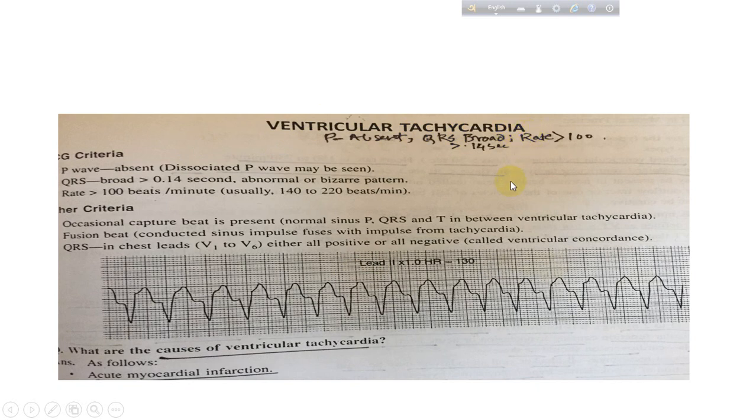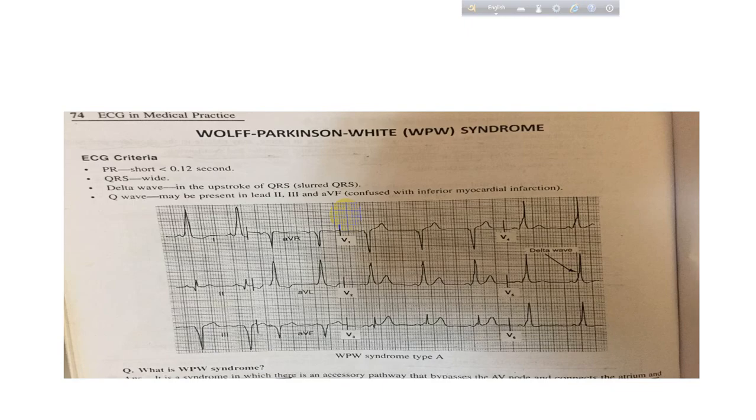Ventricular tachycardia, you see, P is absent and QRS is broad, more than 0.14 second, and rate is greater than 100. This is WPW syndrome.